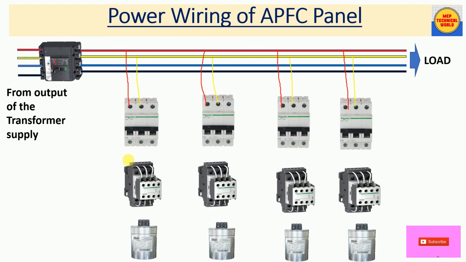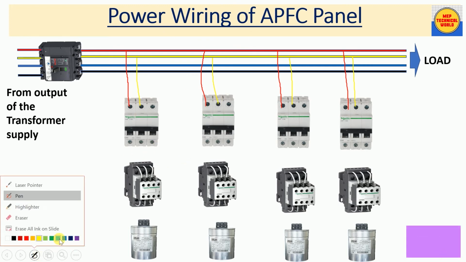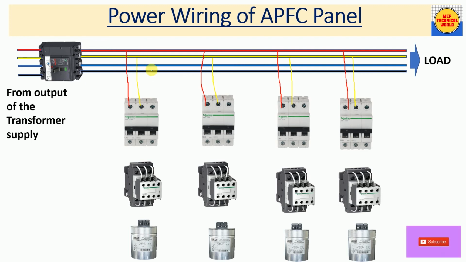Here let's connect the blue wire from this blue bus bar and connect it to the input terminal of the MCB. Similarly, in this way we can also connect the blue phase to the other MCBs. Now we have completed the input terminals of the MCB wiring.